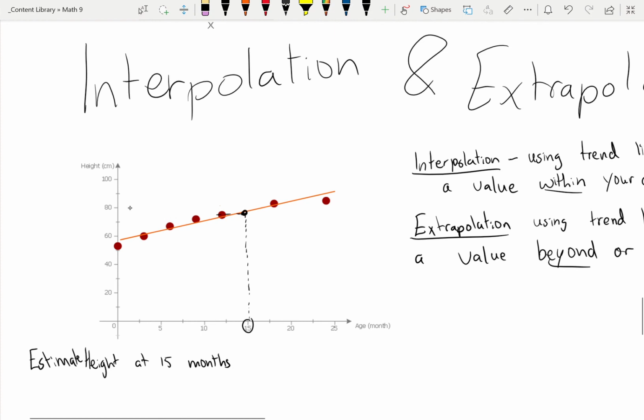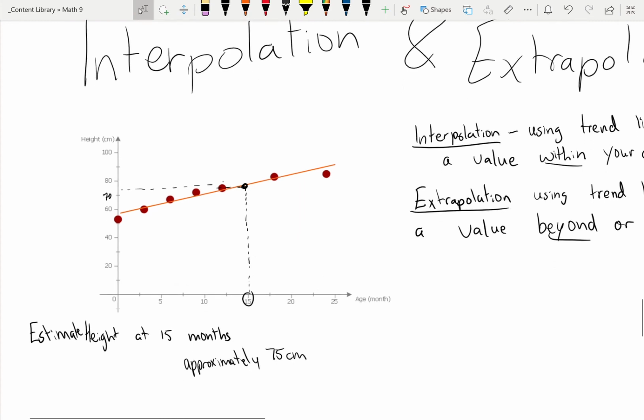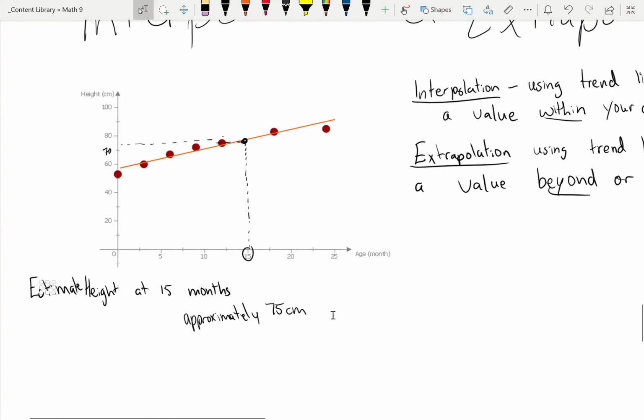Dip down a little bit there. So what I see, this would be 70, so I'm going to guess somewhere in the middle, so I'd probably say approximately 75 centimeters. So this right here is interpolation.